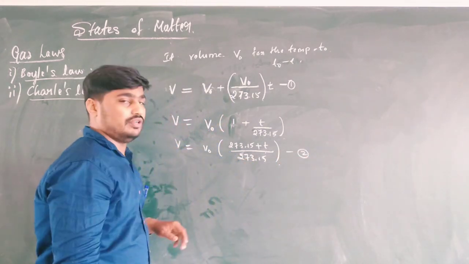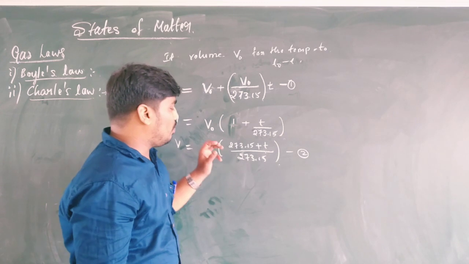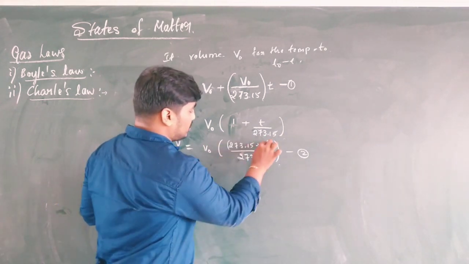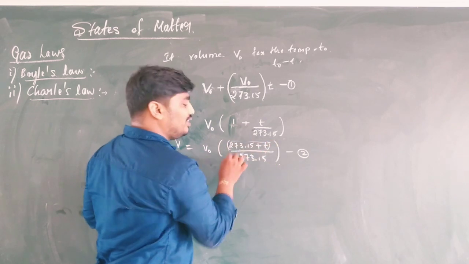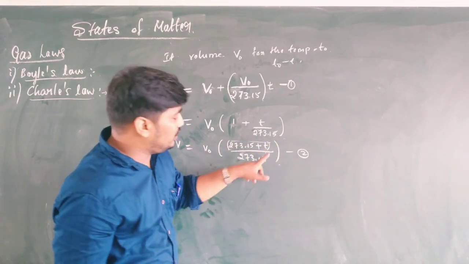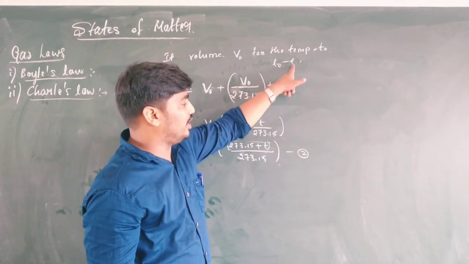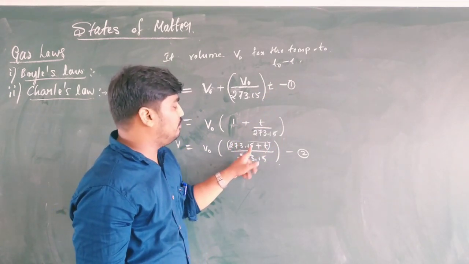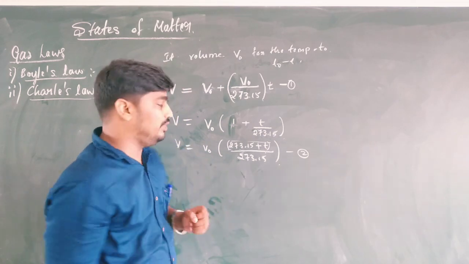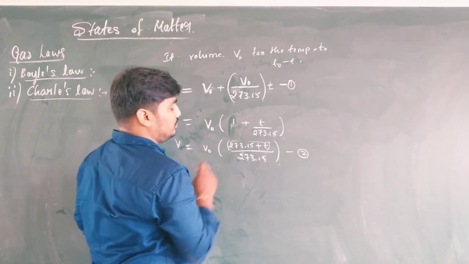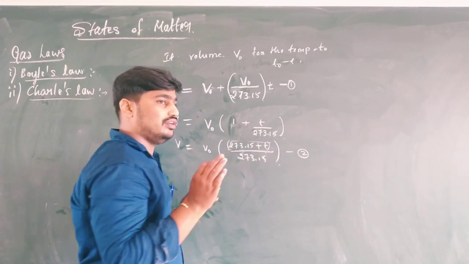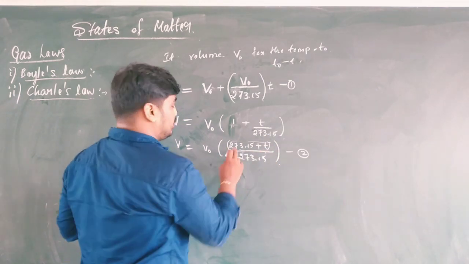In equation number 2, this is the temperature increased amount, and this is the 273.15 amount. Therefore it becomes a different temperature now.